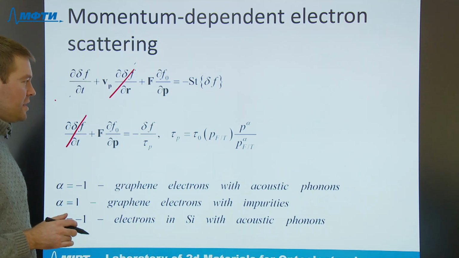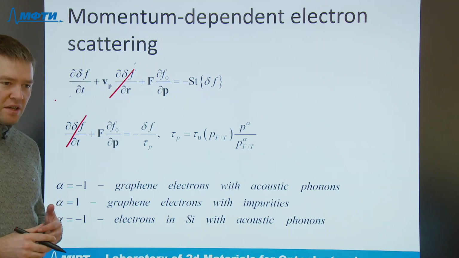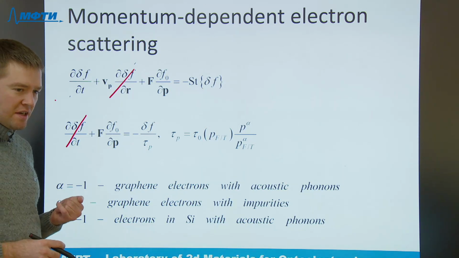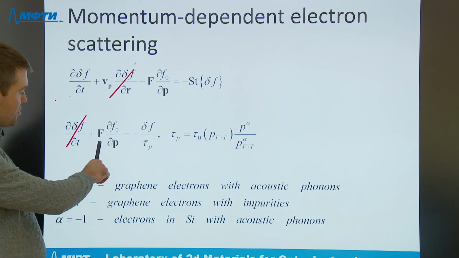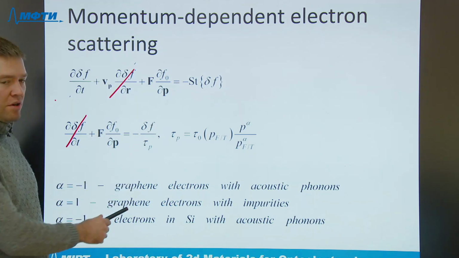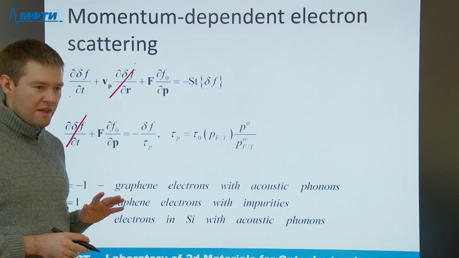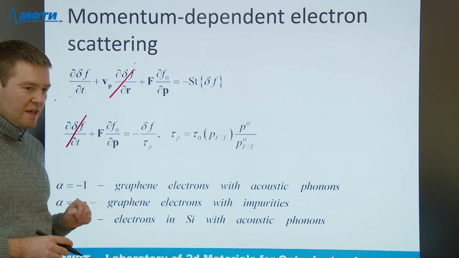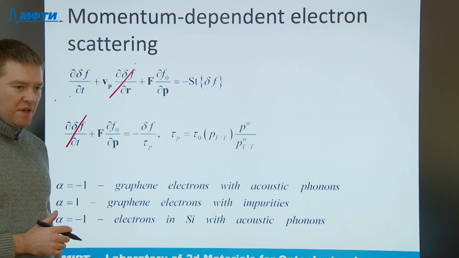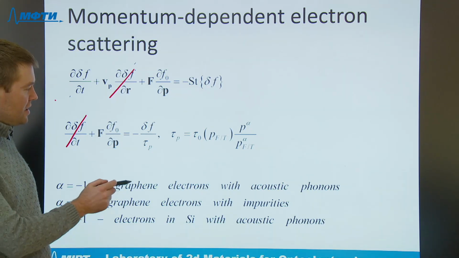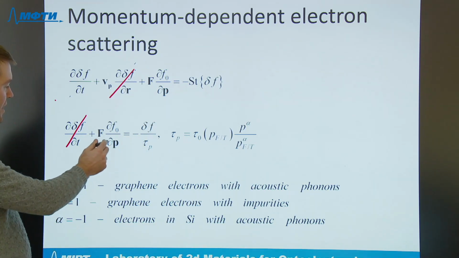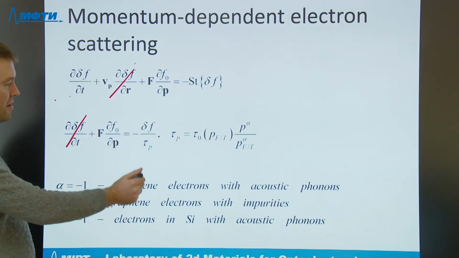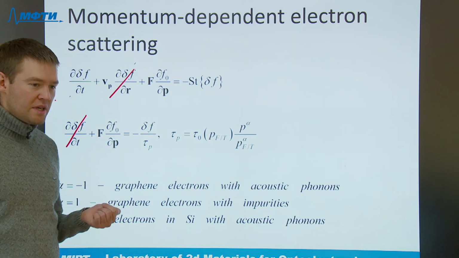And what is retained to get the DC conductivity of semiconductor is the force term and collision term. There are only two terms in the kinetic equation that should be retained. But with this approximation, the kinetic equation is readily solved. We just express the distribution function delta F, it equals the force term multiplied by momentum relaxation time tau p.